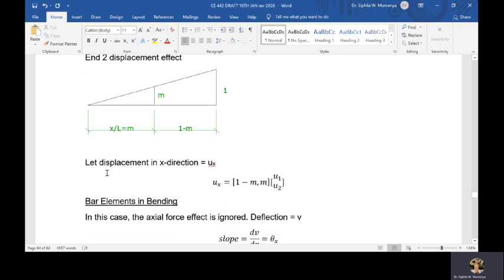So let the displacement in x direction be given by a value ux. From this assumed linear relationship, you'll be able to find ux can be defined by this vector, 1 minus m, m, times u1, u2. So that is m, that is distance x over L, that is a factor m. Then the remaining distance there is 1 minus m.